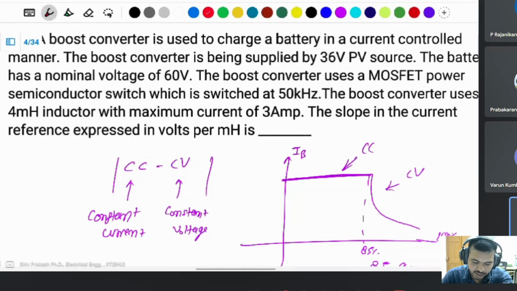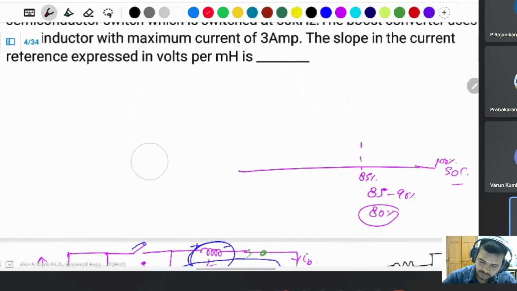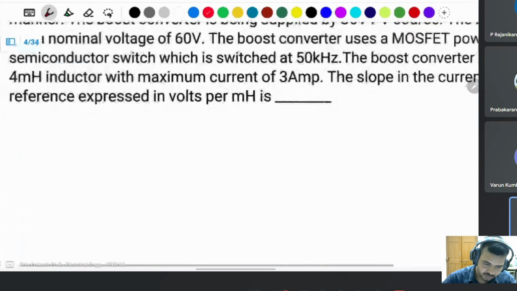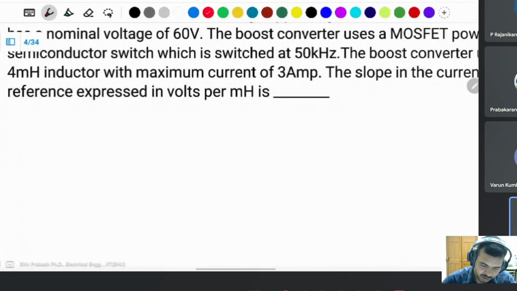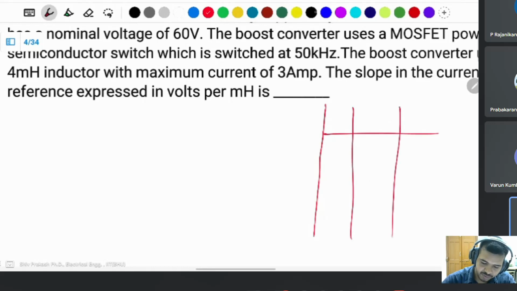The slope of the current reference is expressed in volt. It is asking about the slope to generate a reference signal. A maximum current is also given. This is the I reference.